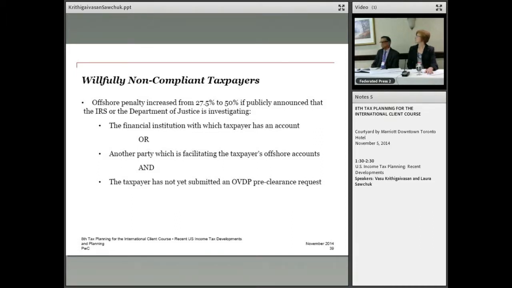And this is all assuming that the IRS does not know the taxpayer's name. So if it's been announced that there's some investigation taking place, the penalty is increased if at that time you come forward.